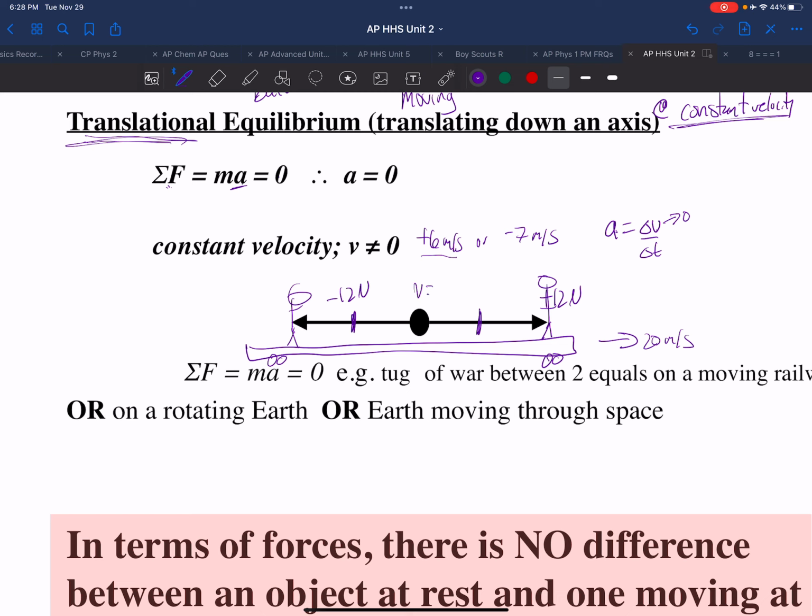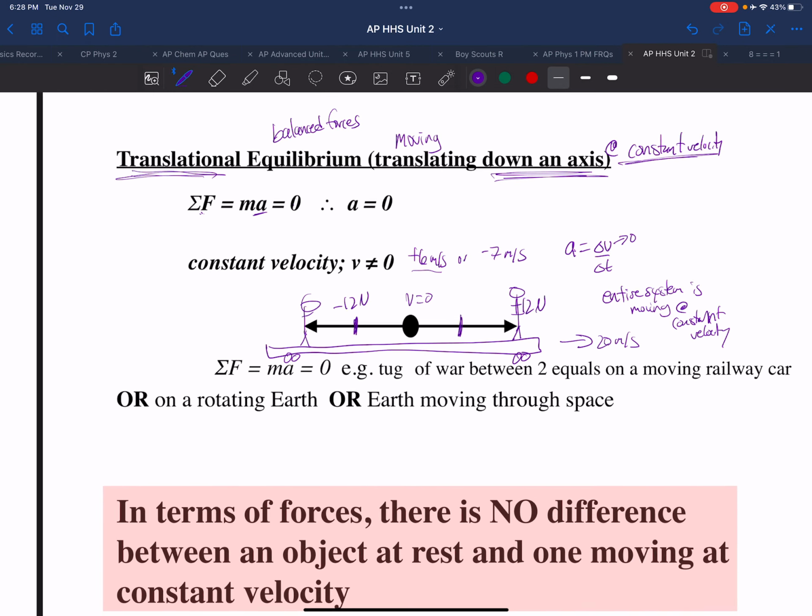So the velocity equals 0 from the reference frame of where the people are standing, but the entire system itself is moving down an axis at constant velocity. That's what translational equilibrium is.